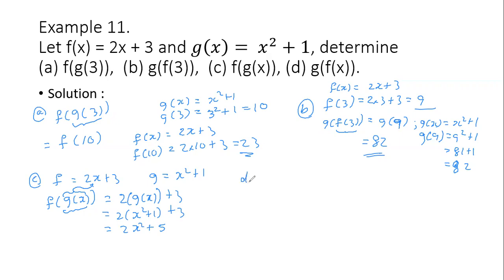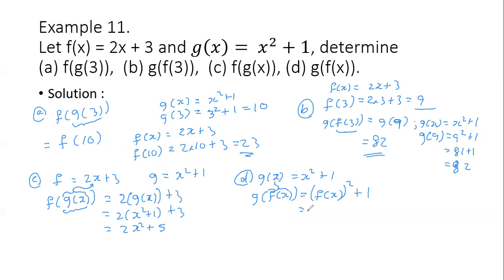Okay, but part D, g of f of x. So take g(x). Write g(x) first. G(x) is x squared plus 1. Then g of f of x means, in place of x, we have f(x). Therefore, substitute on the right side too: f(x) whole thing squared plus 1.